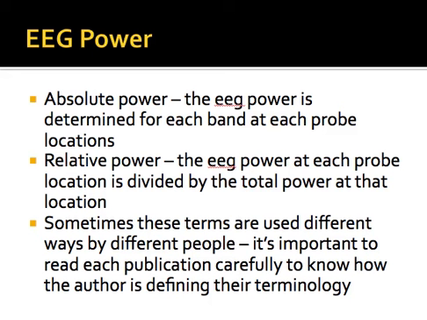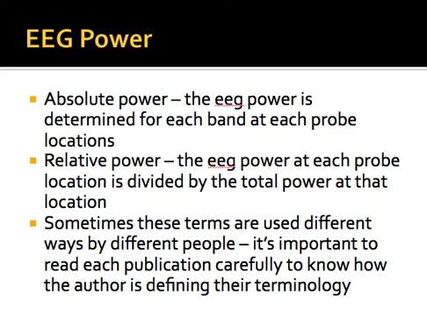Relative power: the EEG power at each probe location, in each band, is divided by the total power at that location. So what a person would do here, if you wanted to find the relative power in the beta band, you would filter the EEG signal so that you only have beta. You would find the power of that. You would divide that by the total power for the same probe at the same location.